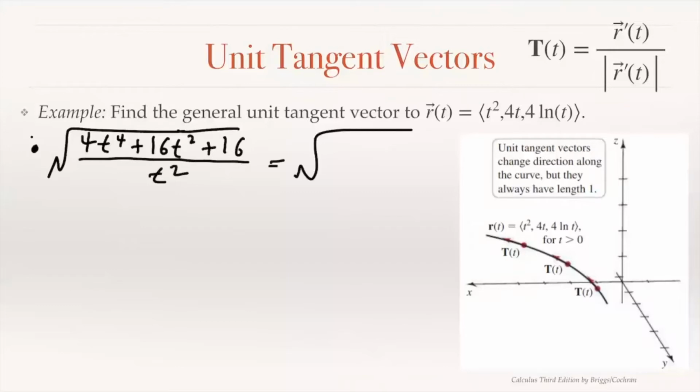And that numerator is in fact 2t squared plus 4, all squared. Take a moment and FOIL this out, and you can confirm that it is indeed that numerator.